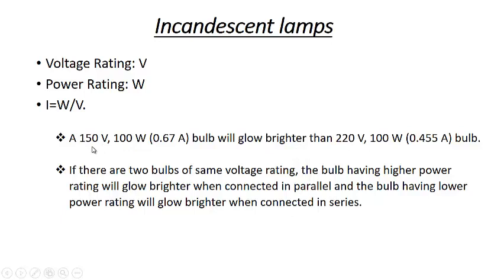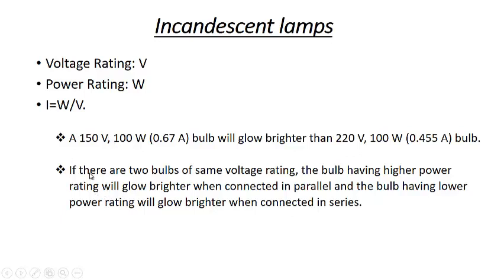Even if it's a misnomer, we usually recognize these types of lamps, where the voltage rating is less and power rating is high, as voltage lamps. It gives a brighter glow at lower values of voltage. Sometimes we might have a 110 volt 100 watt bulb that will also glow brighter than these two. That bulb is used when the voltage is very low as compared to 220 and 150 volt.